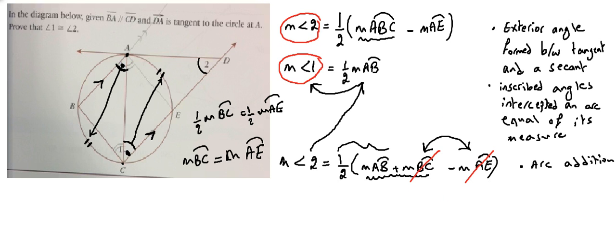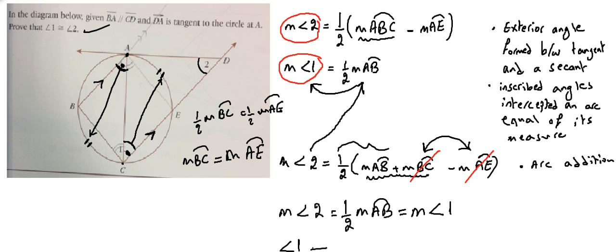Then what is left for angle 2? The measure of angle 2 will be equal to half the measure of arc AB. And what is half the measure of arc AB? It's angle 1, so it's equal to the measure of angle 1. And I did prove this. Since the measure of angle 2 is equal to the measure of angle 1, then angle 1 is congruent to angle 2.